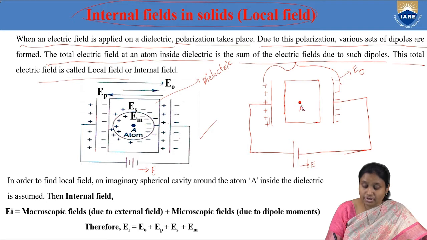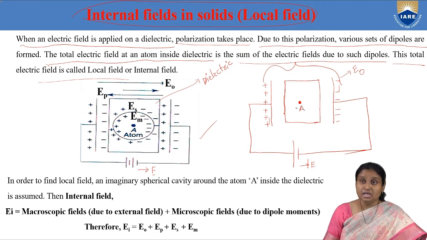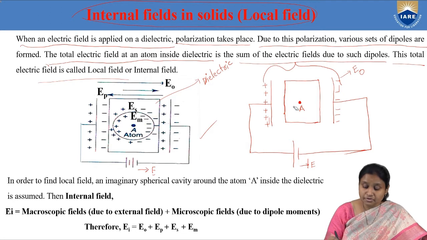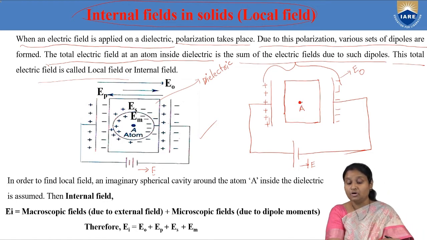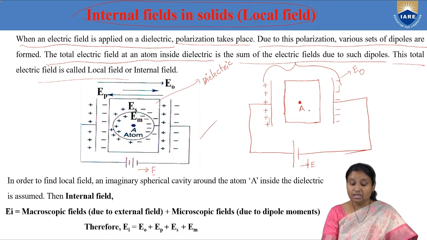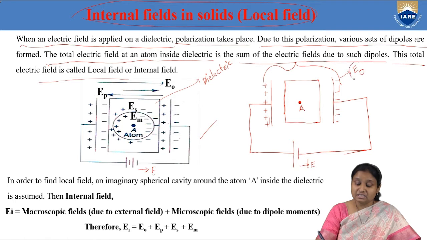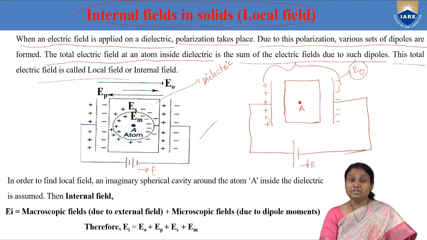This can be a point or an atom at this point A. If I try to find the electric field at an atom deep inside the dielectric material, located at point A, because of the formation of charges on the capacitor plates, that electric field is E naught. So this is the first electric field, because of the externally applied electric field.